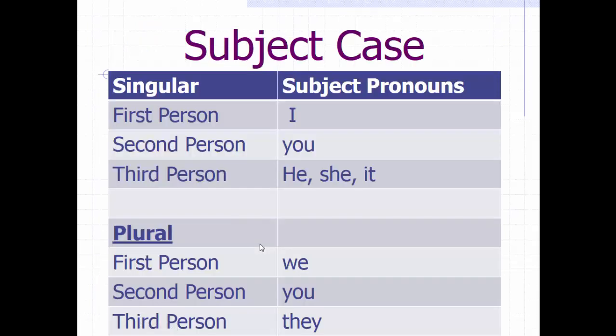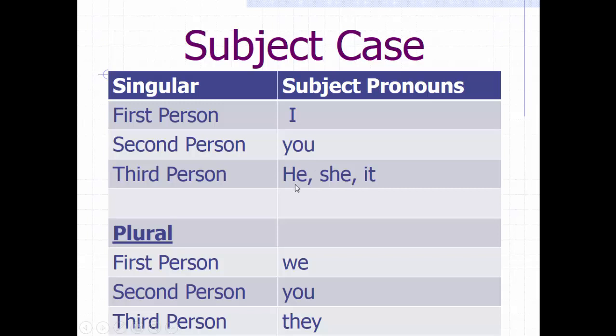You have this chart on your note sheet, and take a minute and jot down the subject case pronouns. This is the first column. Make sure you line it up. I is the first person, singular, subject case pronoun, so make sure you're putting it in the right spot on your notes. Then we have you as the second person, singular.